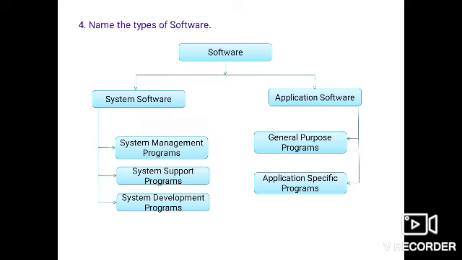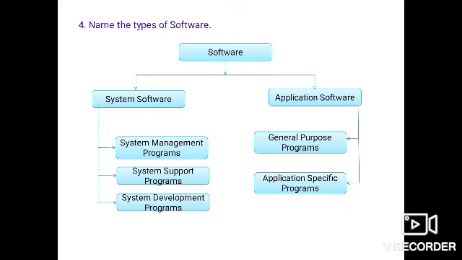Next, name the types of software. There are 2 types of software: one is the system software and another is the application software. System software is divided into 3 types: system management programs, system support programs, and system development programs. Application software is divided into 2 types: general purpose programs and application specific programs. The best example for system software is an operating system.